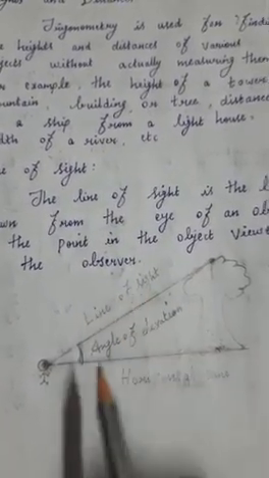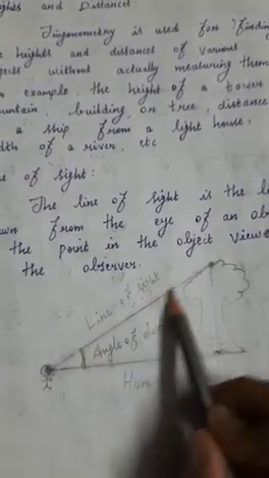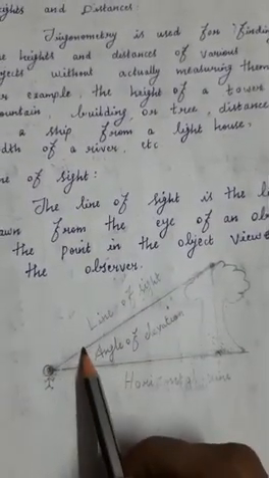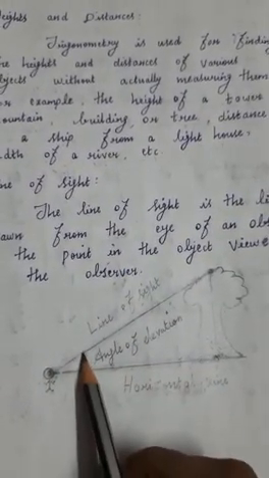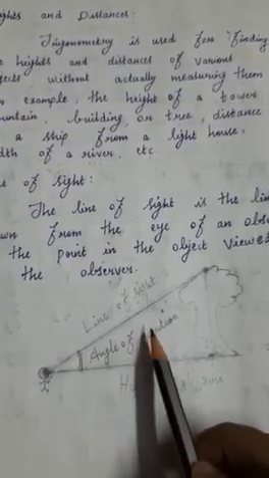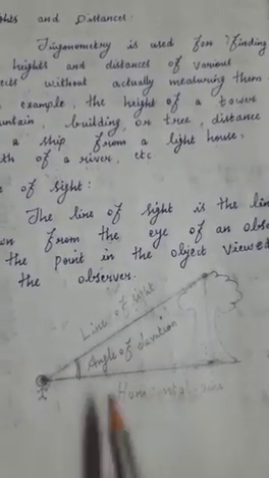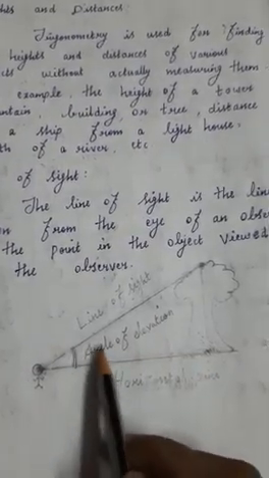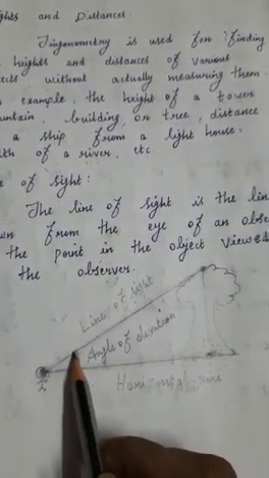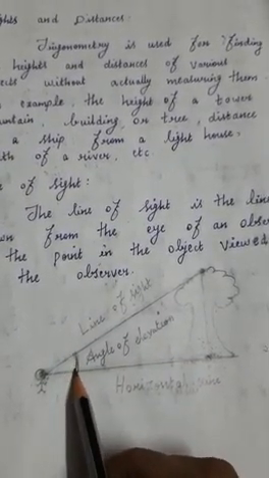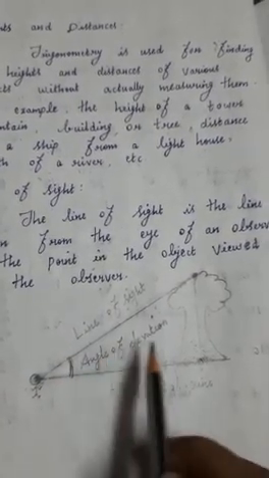This line of sight makes some angle with the horizontal line. This is called the angle of elevation, and it lies above the horizontal level only.